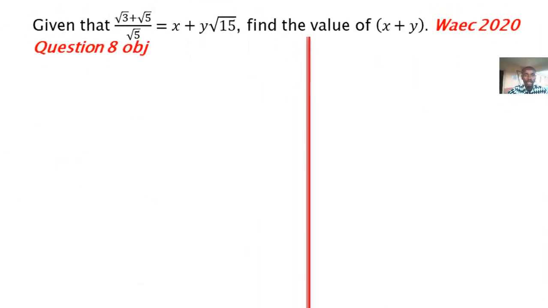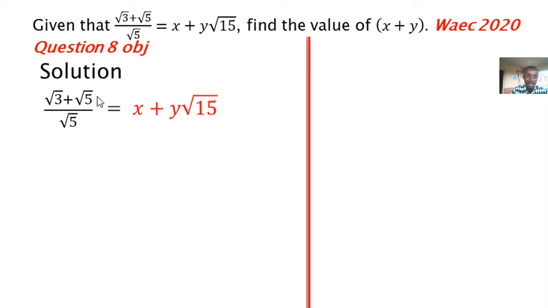Alright, now next, the WAEC 2020 question 8 objective. Given that root 3 plus root 5 over 5 equals x plus y root 15, find the value of x plus y. How do we approach this? Okay, now all we're going to do is simplify this by rationalizing the denominator.